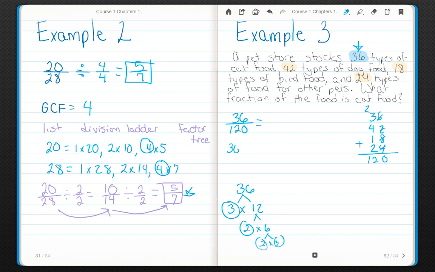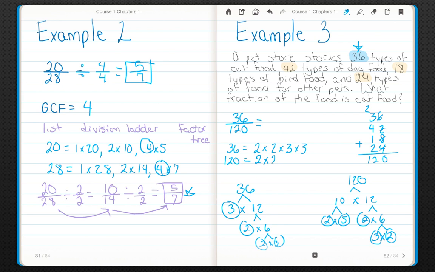So 36 equals 2 times 2 times 3 times 3. 120, 10 times 12, 2 times 5, 2 times 6, and 3 times 2. So 120 is 2 times 2 times 2 times 3 times 5.